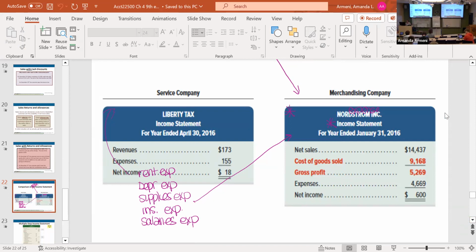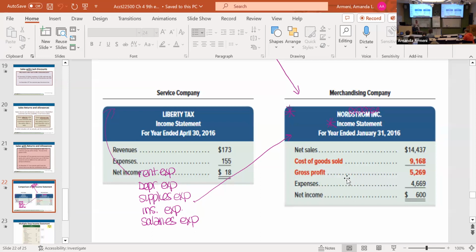Versus a merchandising company. And with a merchandising company, we have to create what's called a multi-step income statement. That's where that one really special expense that we created in chapter 4 called cost of goods sold gets broken out all by itself. The other expenses are important too. It's important to know what your salaries expense was, what depreciation expense was, what your rent expense was.